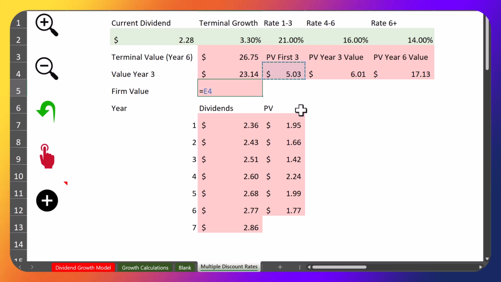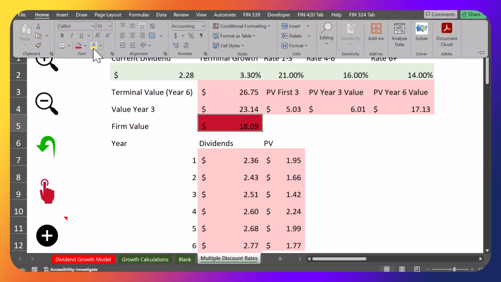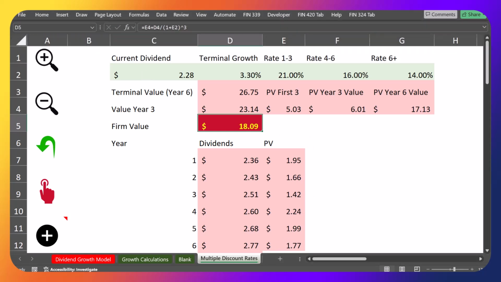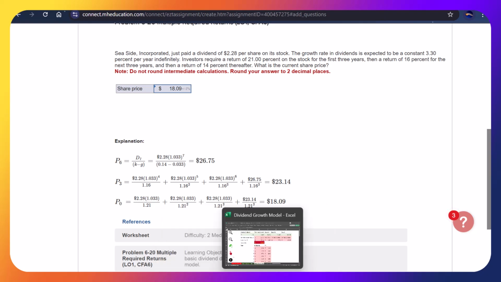PV over the first 3 years plus value as of year 3 divided by 1 plus the discount rate in the first 3 years raised to the power 3. If I'm not mistaken, that should be the correct answer. And let's check. It is indeed the correct answer.